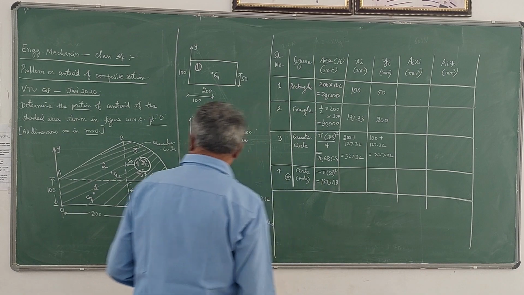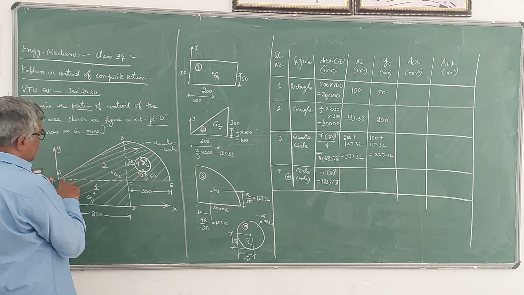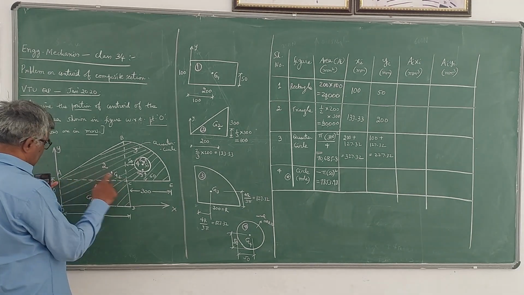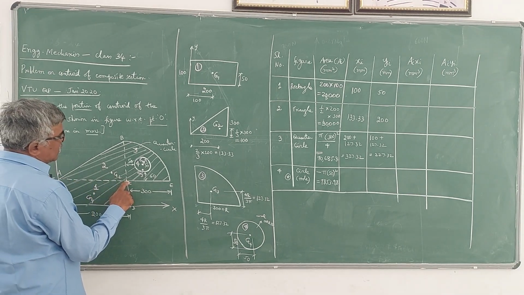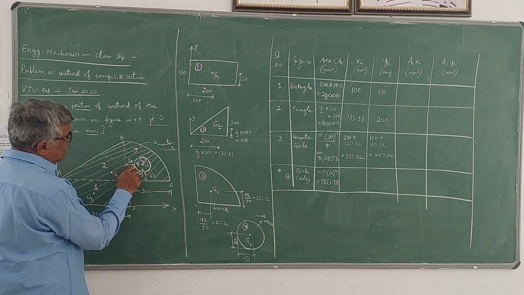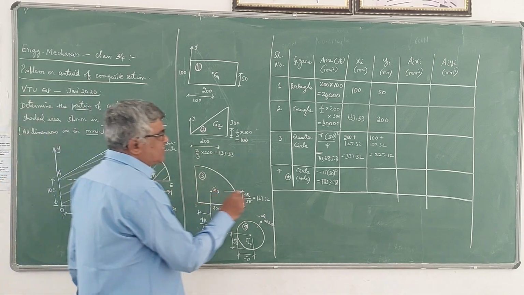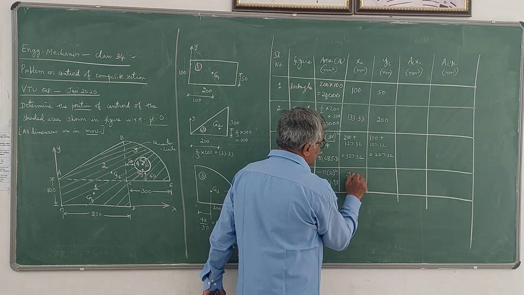Now the values of x and y. So x is the distance of this G4 from y axis, which is from here to here it is 200. 200 plus 50 plus another 50. So from here to here 50, here to here another 50. So 200 plus 50 plus 50, which comes out to be 300.